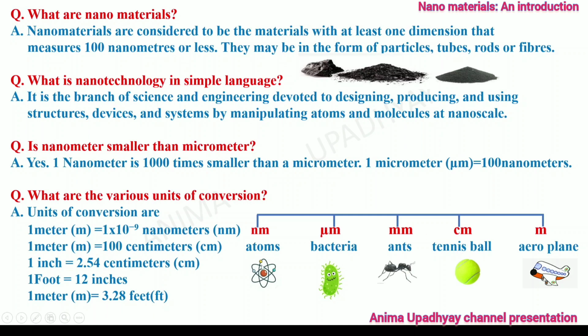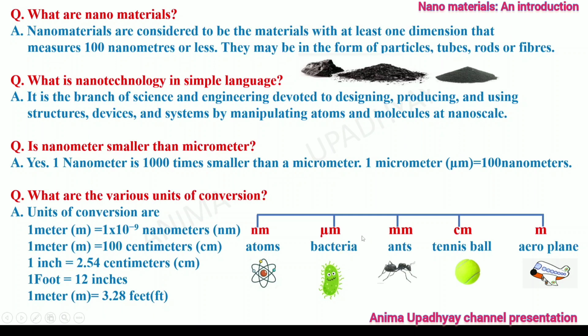Now you can see that atoms fall under the nanometer scale. Bacteria come under the micrometer scale. So nanometer is smaller than the micrometer. Similarly, ants, insects, houseflies come in the millimeter category.